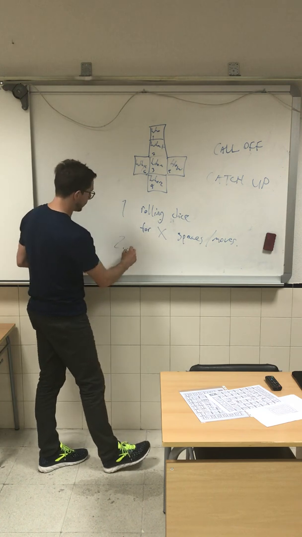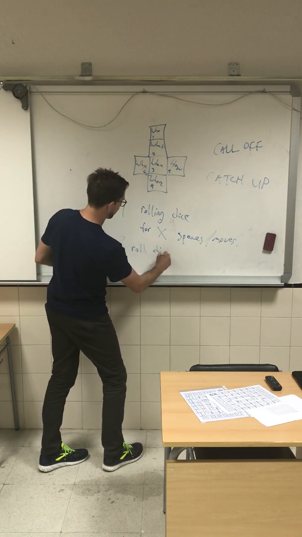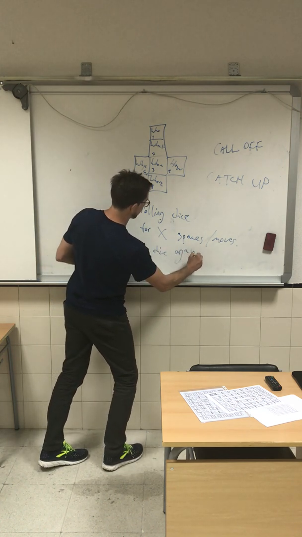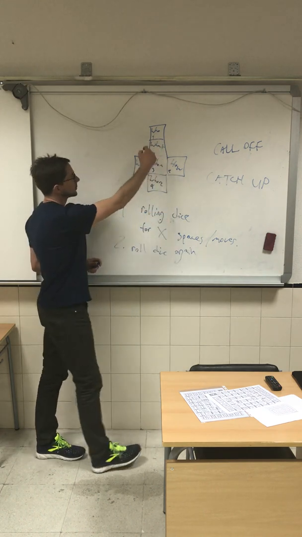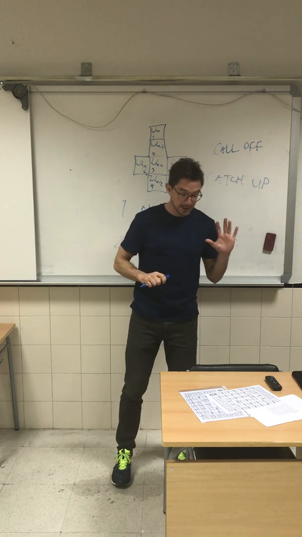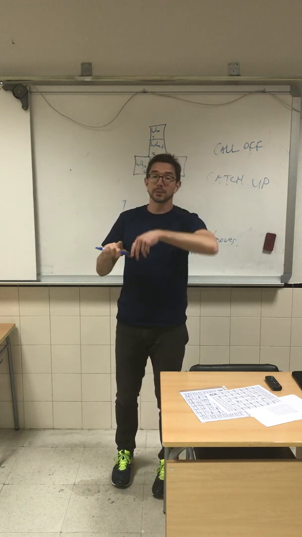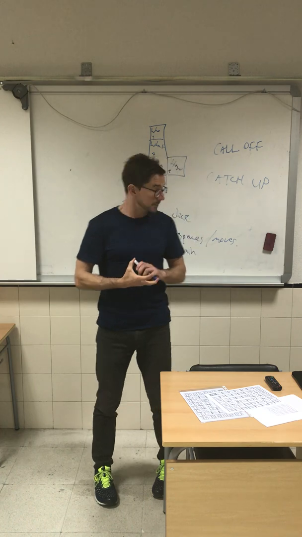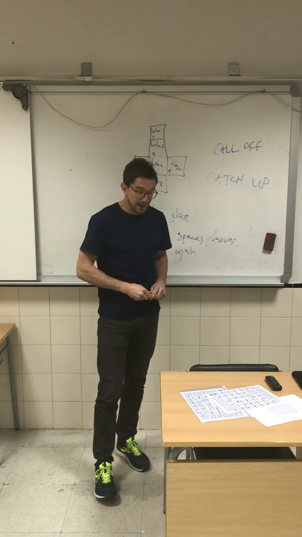Then they roll the dice again to determine which question word to add to the sentence. As teachers, we want to go around to make sure they're accurately using the phrasal verbs and accurately creating sentences. And that's it.